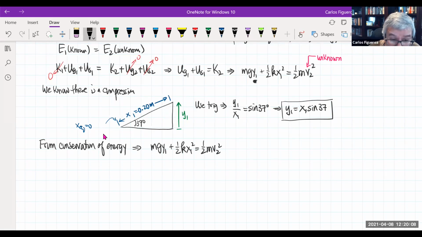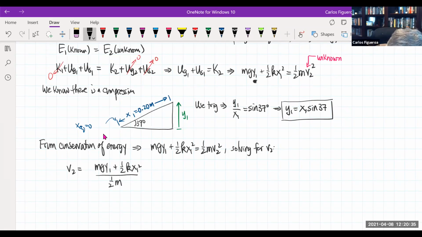I need to solve for v2. Looking at that, I already have the left side, so I'm going to write mgy1 plus 1/2 k x1 squared. And on the right side, I have 1/2 m, so I'm going to divide this by 1/2 m, then I have the square root.